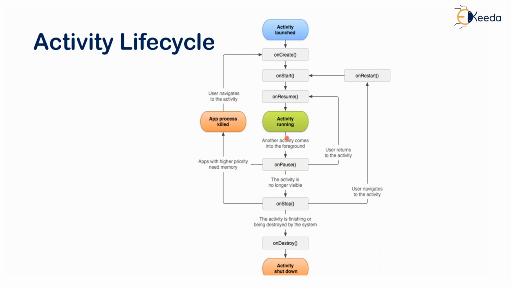Here we have multiple options. Another activity may come to the foreground. In that case, we are going to have onPause. Here the app may be killed by the process in low memory situations, or when other activities need higher memory priority, or else it will return back to the resume state.